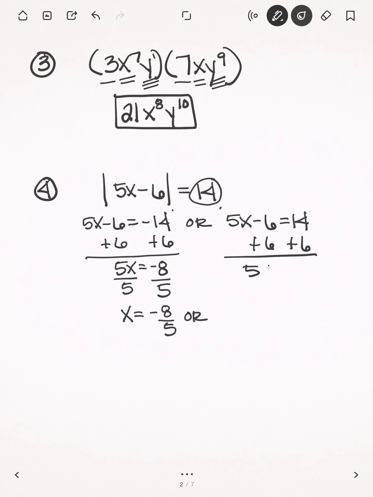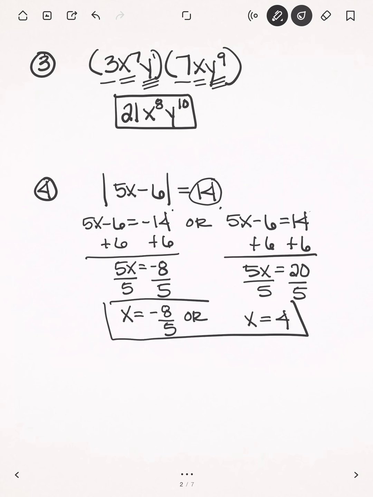And I get 5x is equal to 20. I then divide both sides by 5. And I get x equals 4. So there are my 2 answers. And it's okay to get a fraction answer. All right, next page.